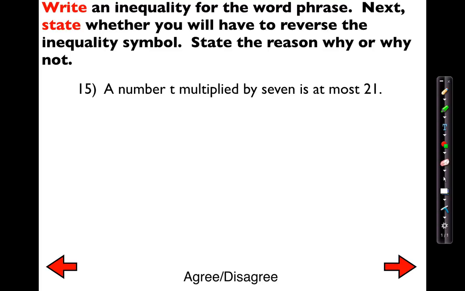So here it says a number t multiplied by 7 is at most 21. So t multiplied by 7 is going to look like this: 7 times t, which is 7t. At most means it could be 21 or less than 21. So I'm going to go ahead and write is less than or equal to 21.